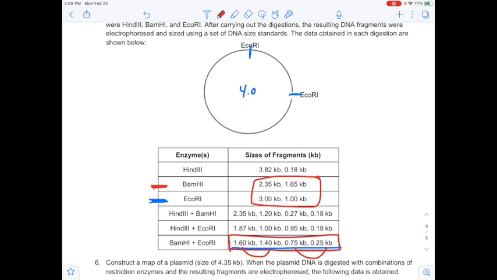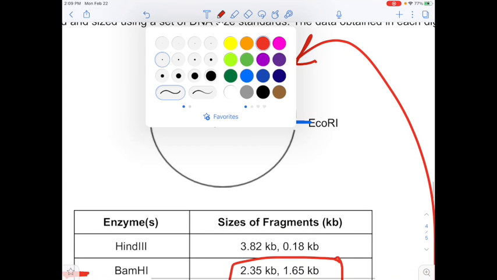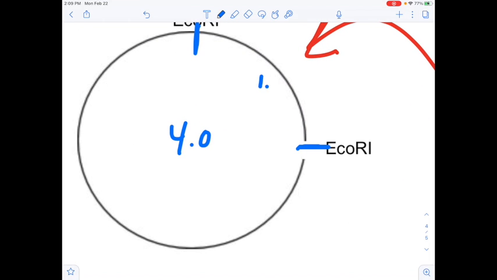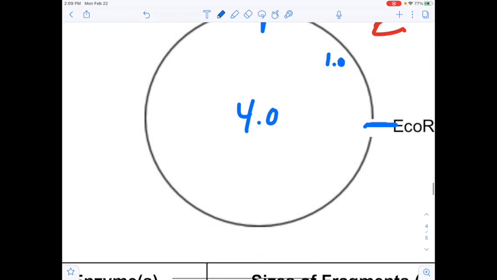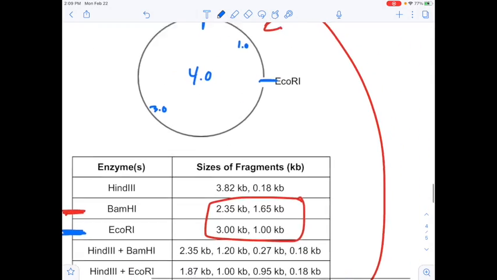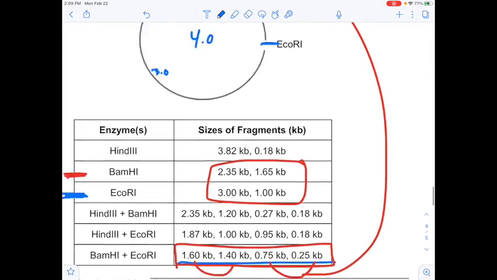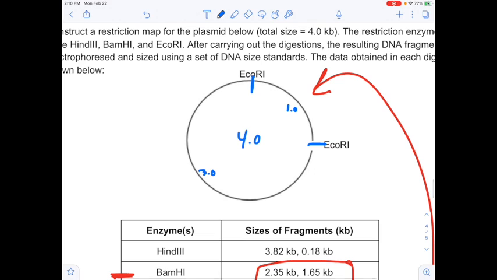So this 1.0 section there, I'll write that in blue. That's a 1.0 between those, and this was a 3.0 all the way around there. That 1 is going to get broken up into a 0.25 and a 0.75. So wherever I put the 0.25 is going to determine the rest of this.